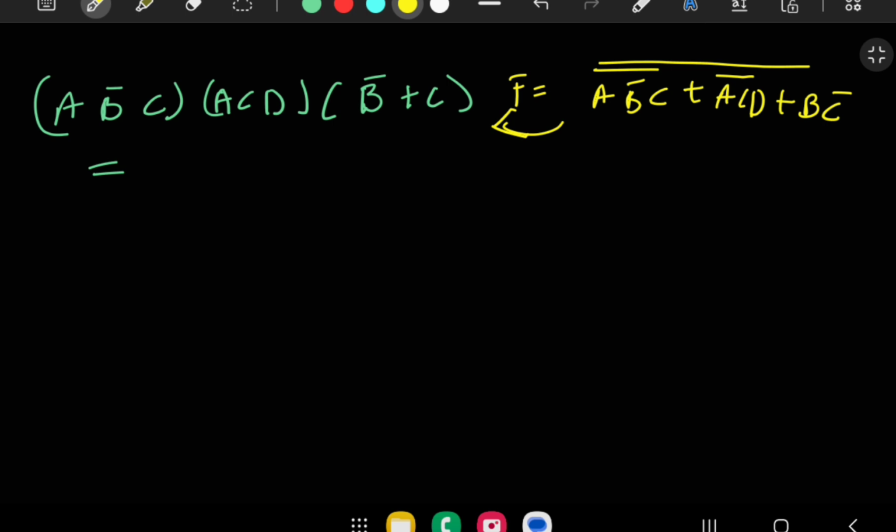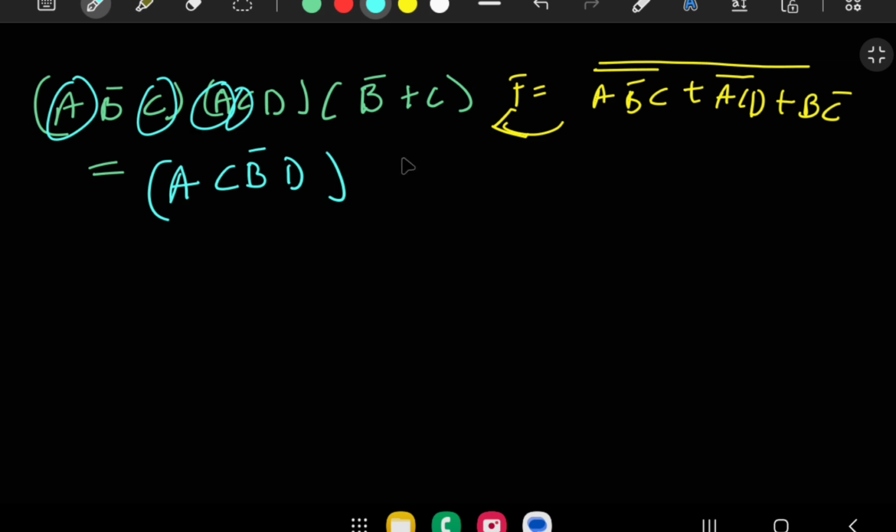Now from all the properties we have, we can say that this a and a will become a, and this c and this c become c. Then you'll have b bar and d, multiplied by b bar plus c. Now you can apply the distributive property.